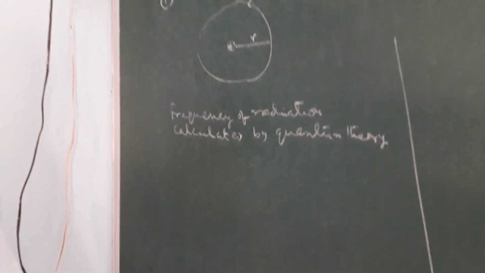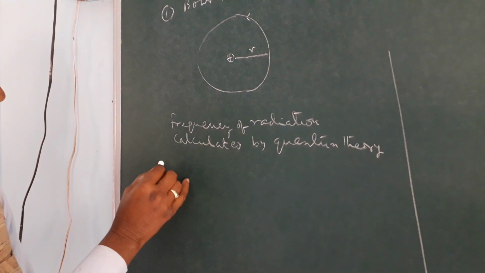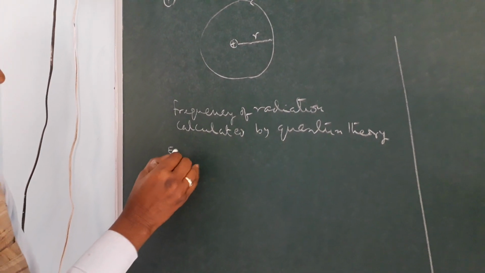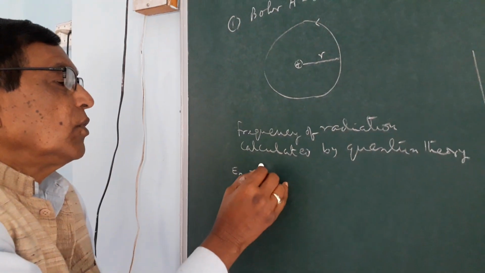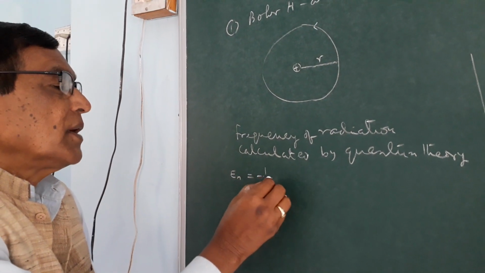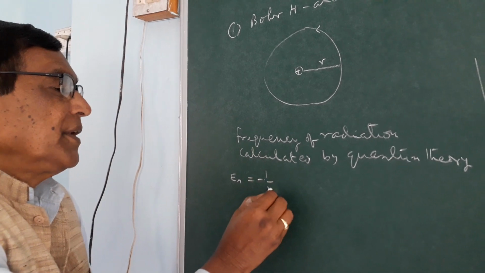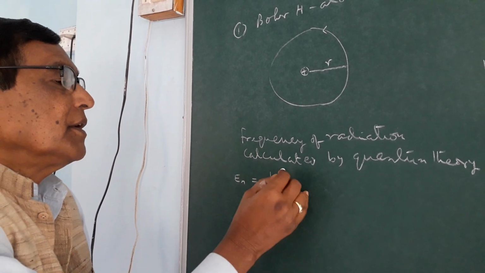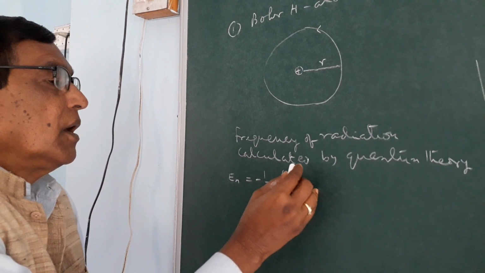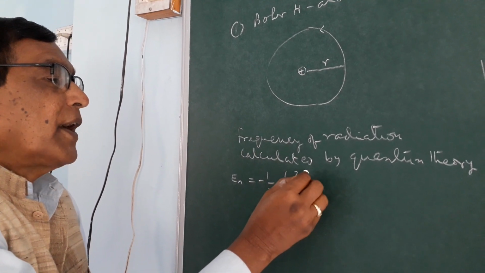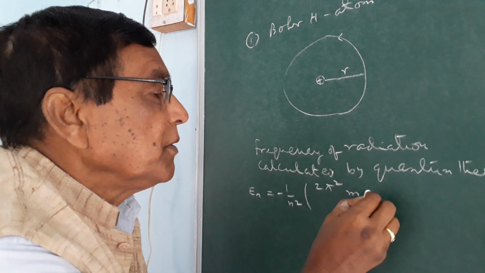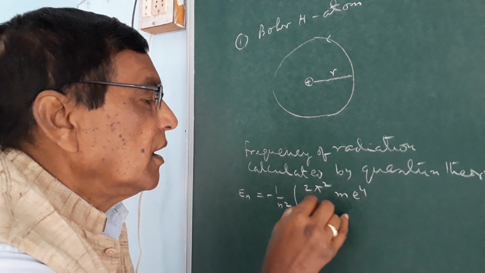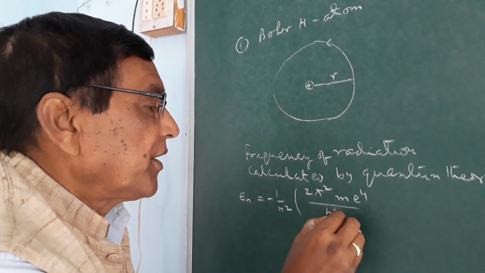for this hydrogen atom: the energy of the hydrogen atom is equal to minus 1 by n square into 2 pi square m e to the power 4 divided by h square.